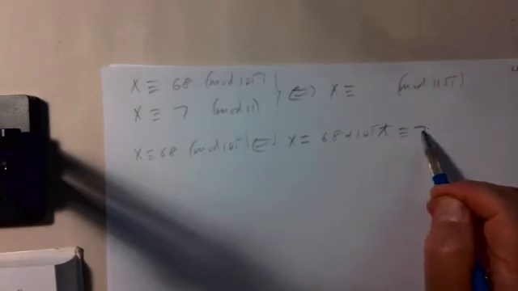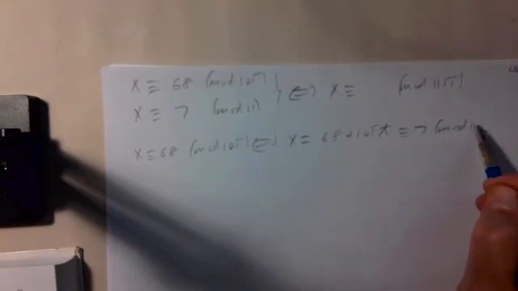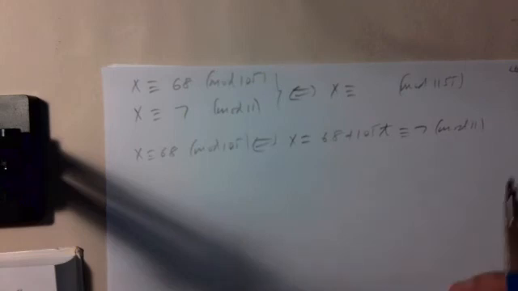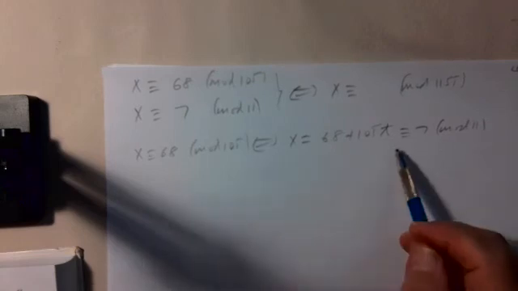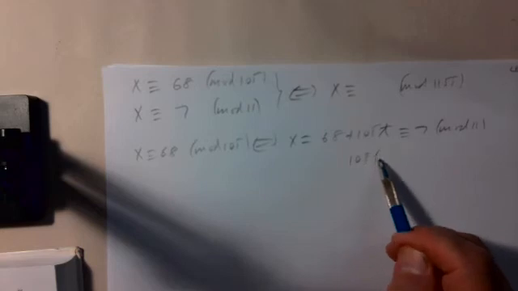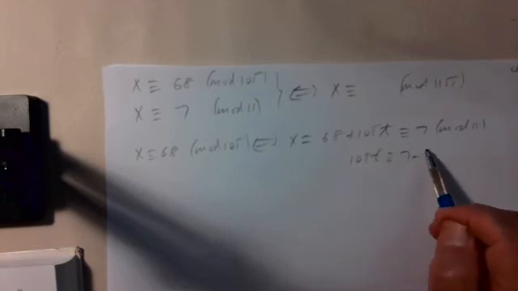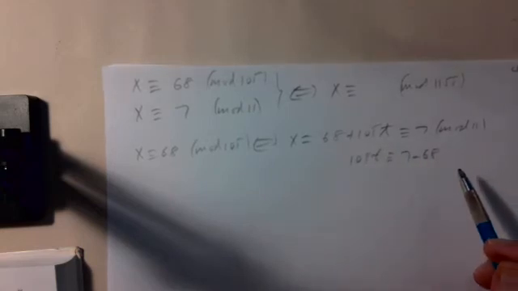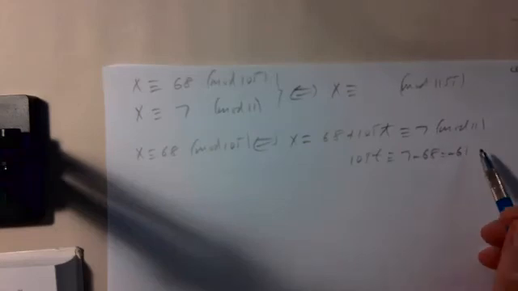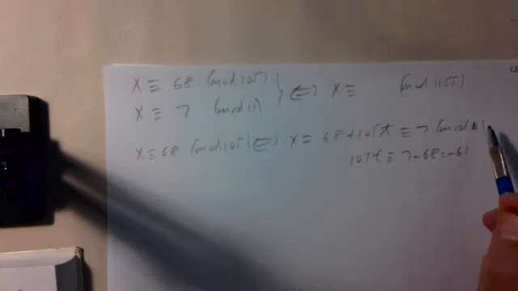And that has to be congruent to 7 mod 11, which means 105t is congruent to 7 minus 68, which is minus 61 mod 11.